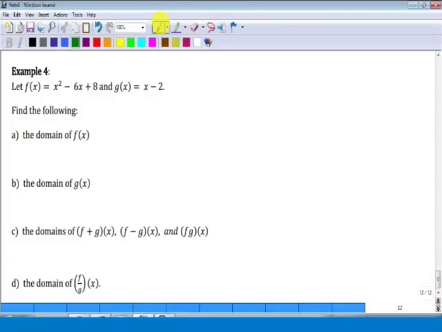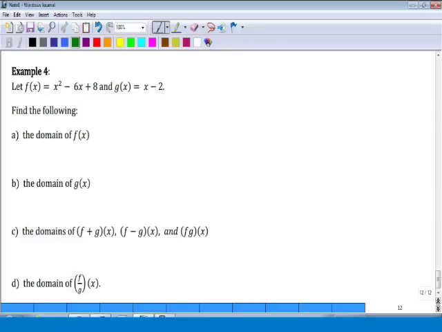The domain of the sum, difference, and product are always equal to the same thing as each other. That's why it all appears in the same thing, f plus g, f minus g, and fg. Because in order to evaluate f plus g at x, you have to be able to evaluate f at x and you have to evaluate g at x.